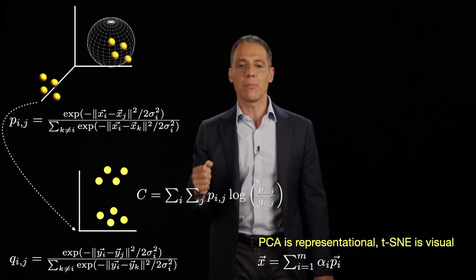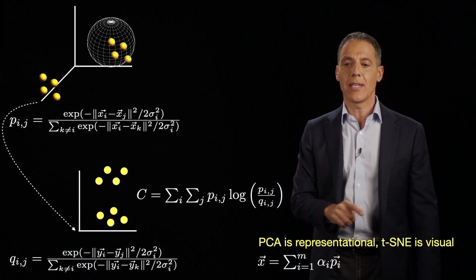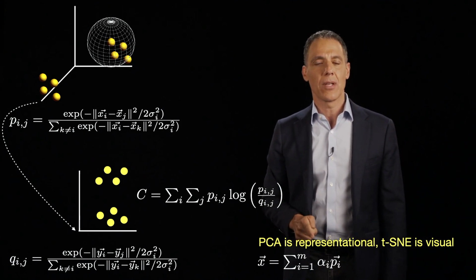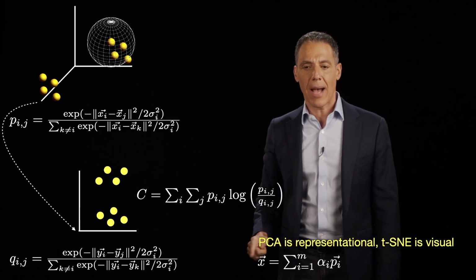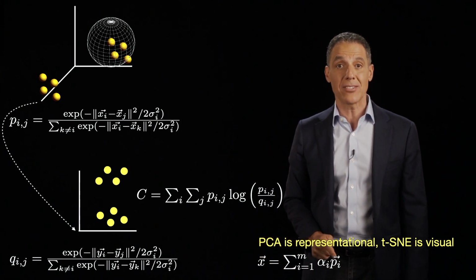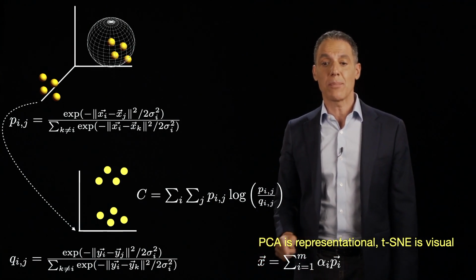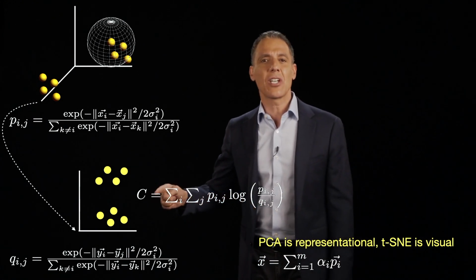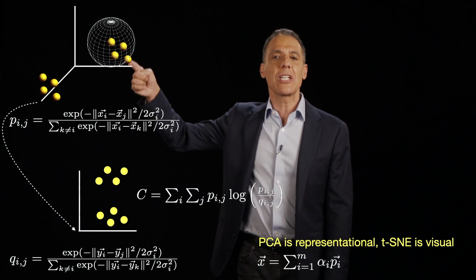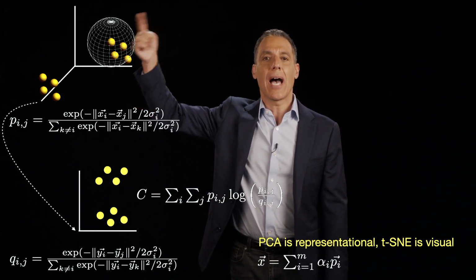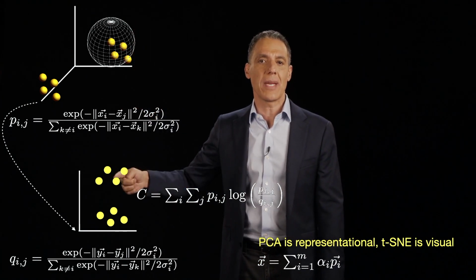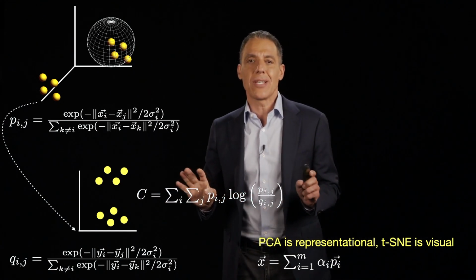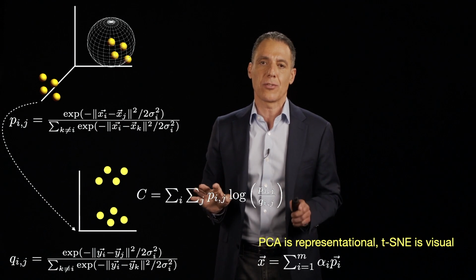Now, something that's very important to distinguish between PCA and tSNE is that PCA is representational. What do I mean by that? I mean that I've created a basis, and my vectors are represented with respect to that basis. tSNE doesn't compute a basis. It's simply computing a mapping from a high-dimensional space to a low-dimensional space. And the reason why it's not computing a basis is once we start talking about linear basis, we're sort of restricted to linear transformations.